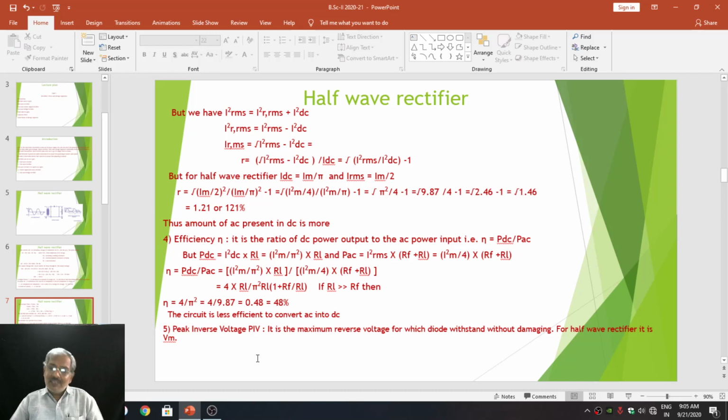How efficiently the rectifier makes use of the transformer is determined by means of the transformer utilization factor. This is merely for your information. Please do remember this parameter also, along with all these parameters.